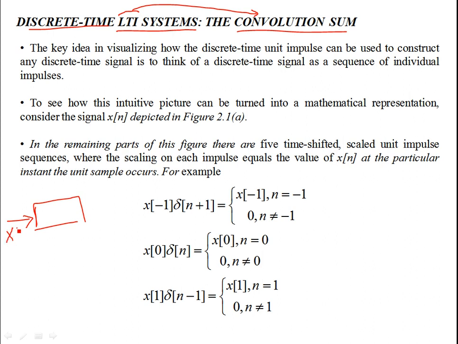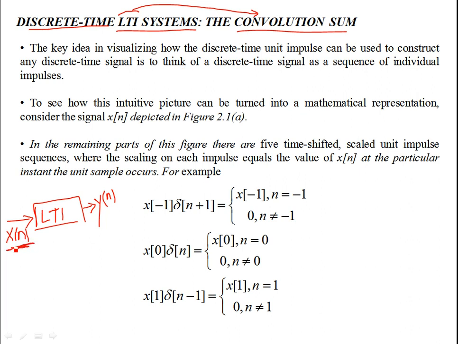If you are introducing any arbitrary sequence called x of n, the output y of n for this discrete time LTI system can always be expressed as a convolution sum. To understand this operation, let's first visualize x of n.